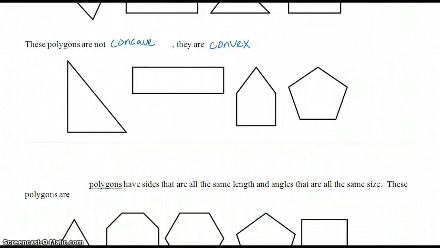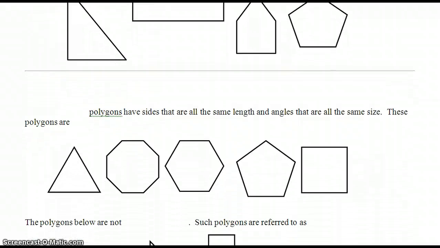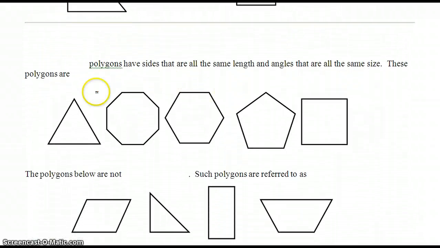Another way to classify polygons. All of these polygons have sides that are the same and angles that are the same. All the sides are congruent to each other. All the angles are congruent to each other.